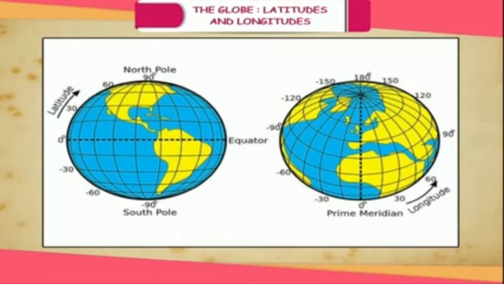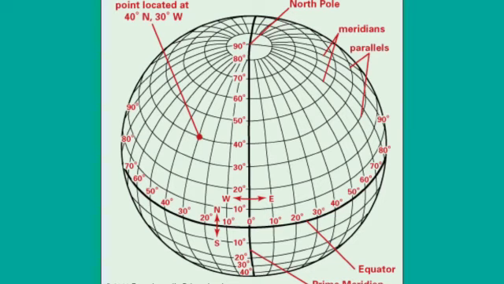Its value is 0 degree longitude, and from it we count 180 degrees eastward as well as 180 degrees westward. The prime meridian and the 180 meridian divide the earth into two equal halves, the eastern hemisphere and the western hemisphere.